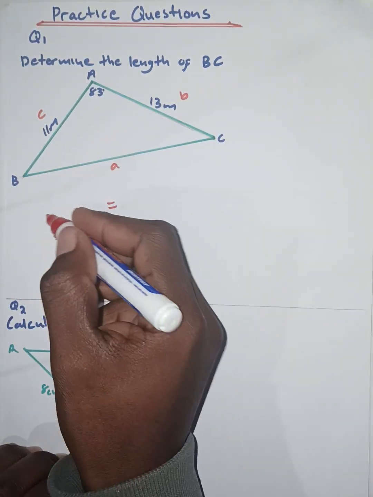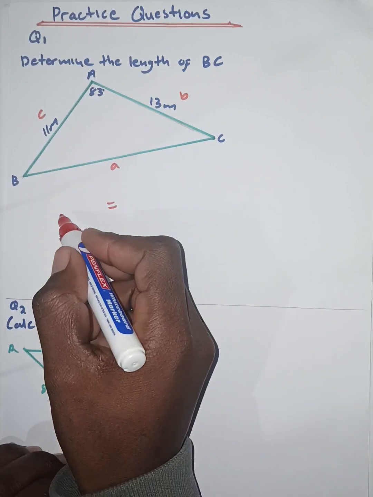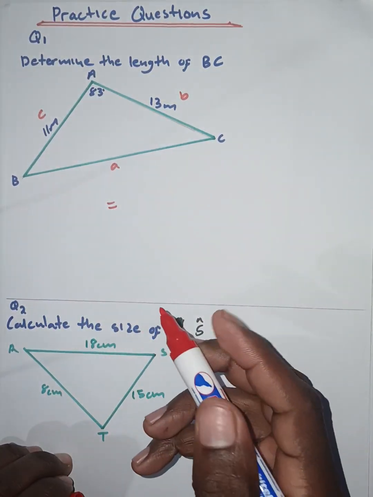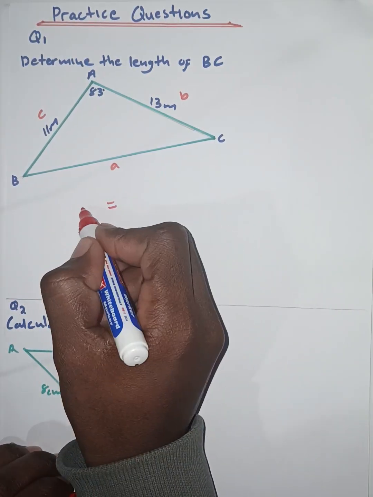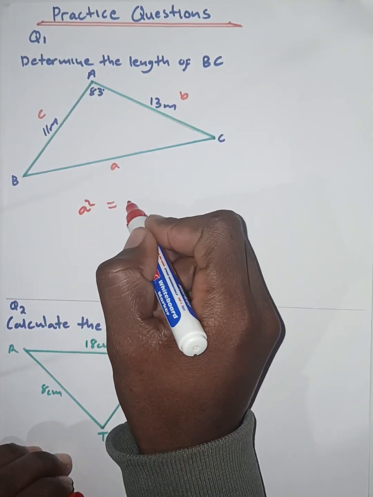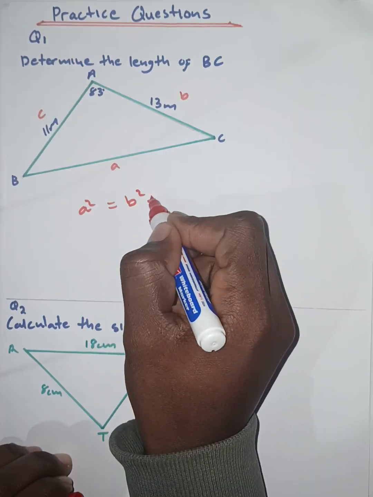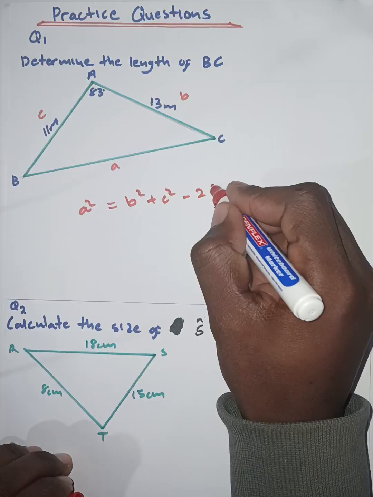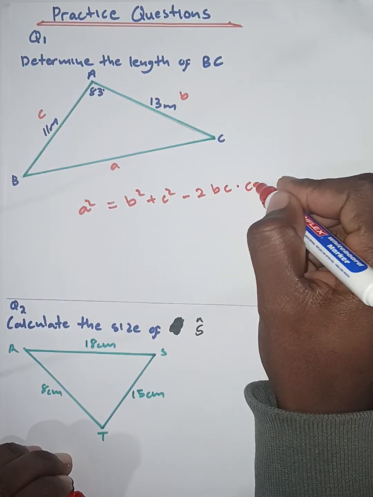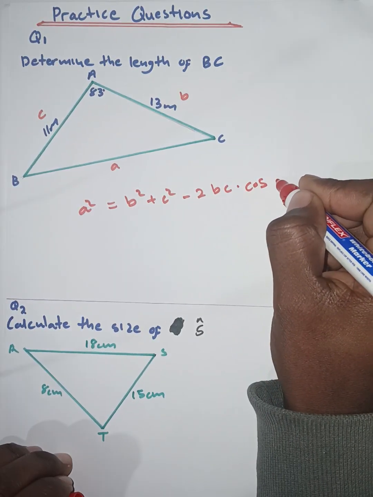Remember, we have three equations. The one that I'm going to use is the one that says a squared is equal to b squared plus c squared minus 2bc multiplied by cos of A in this case.